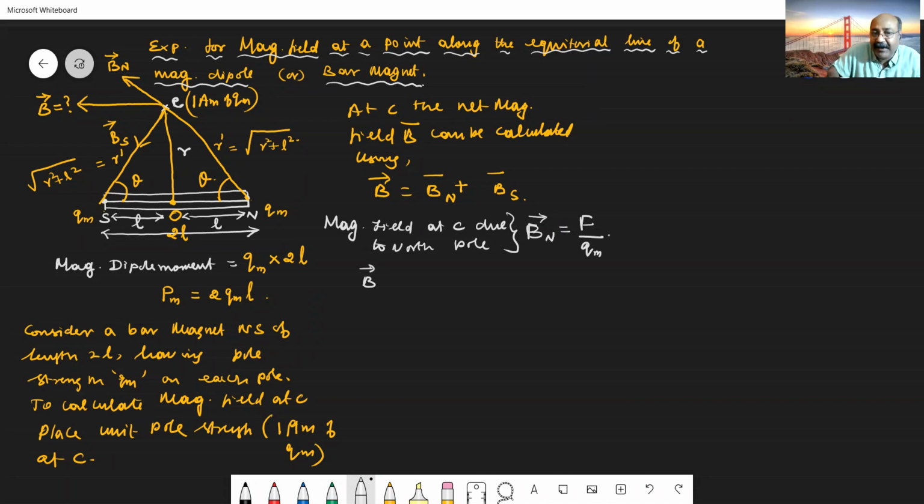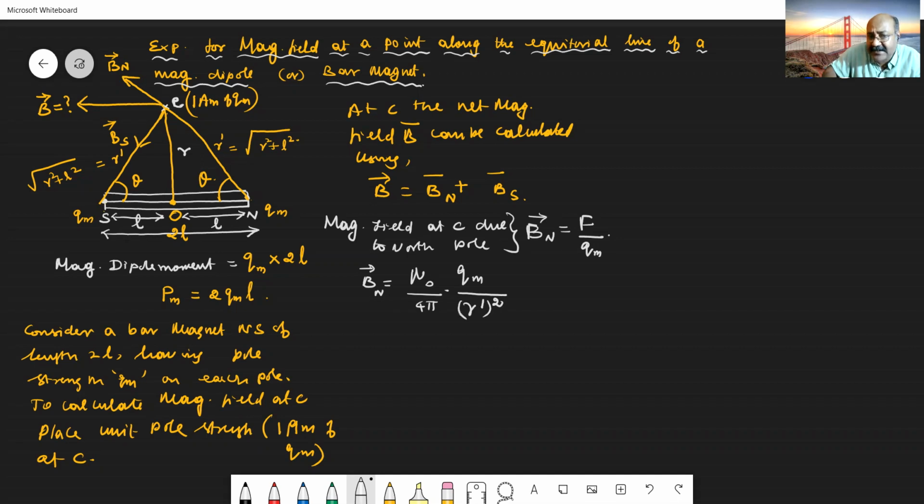So I can write Bn vector is equal to force, which is mu0 divided by 4 pi into Qm, the pole strength here, and here you are having the pole strength as 1. So Qm into 1 divided by the square of this distance, that is R dash square.